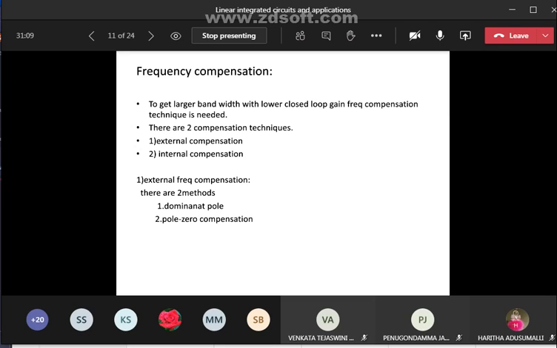The method of modifying the loop gain frequency response of the op-amp so that it behaves like a single break frequency, not more than one, which provides sufficient positive phase margin, is called frequency compensation.